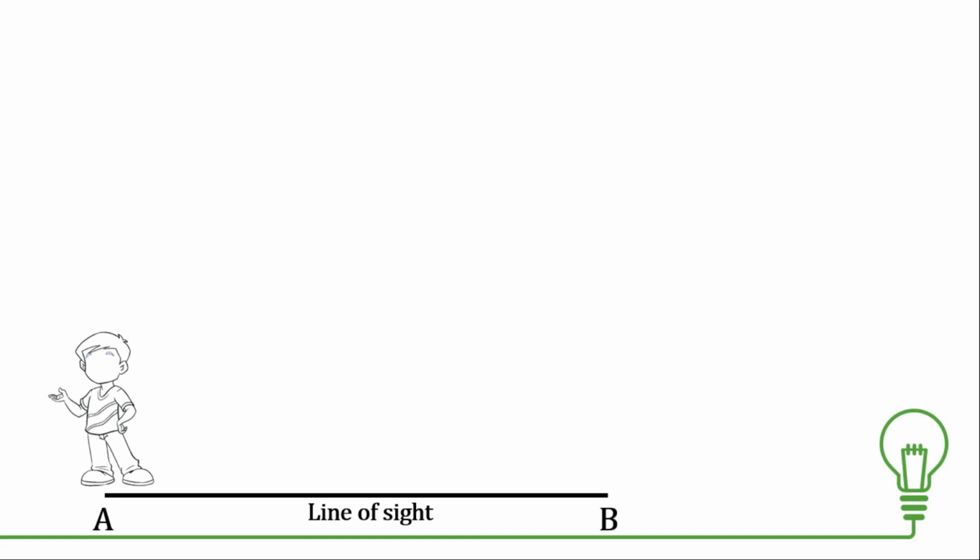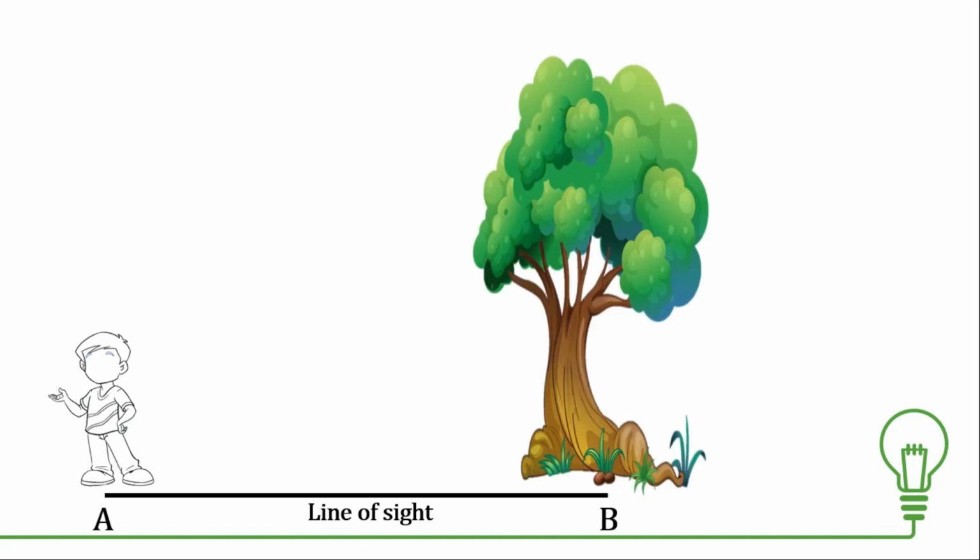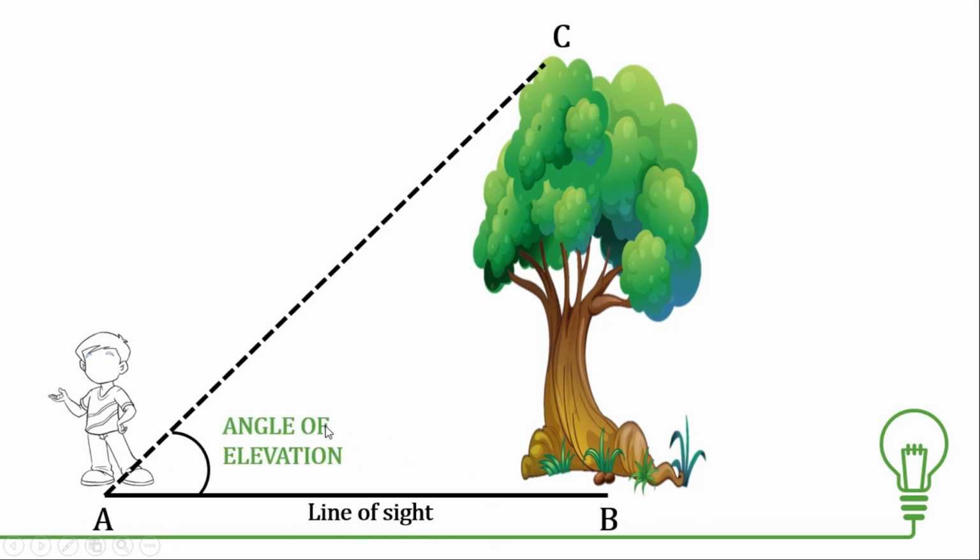And if the object that you are looking for is above your line of sight, suppose we have here a tree and you are looking at the top of the tree, which is represented by point C. Now the angle formed from point A to point C prior to the line of sight would be what we so-called the angle of elevation. Again, angle of elevation is formed if the object that you are looking at is above the observer's eye, or above you.